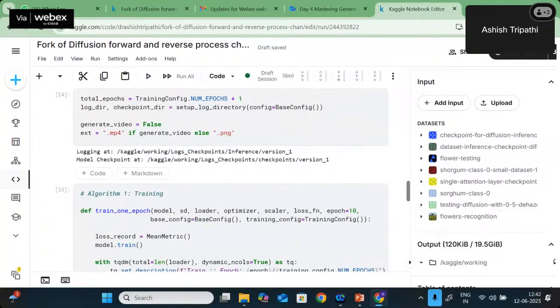Also, you can make a video to check the intermediate process. In this, I have created these image samples over 1000 epochs. Then I made a video by combining those frames, so that I can click on the video and check how the image is converted from noise to the required image.